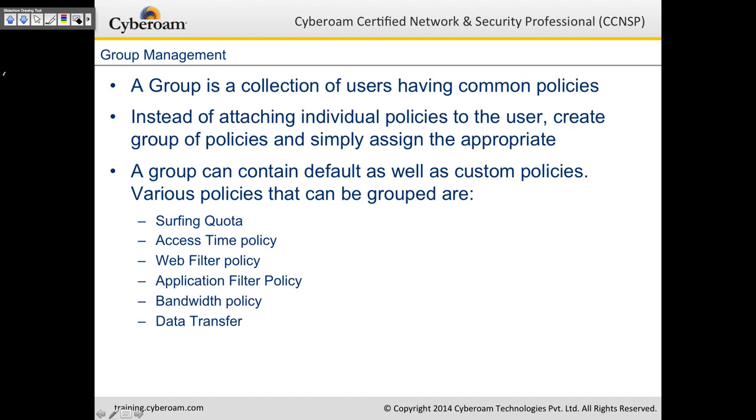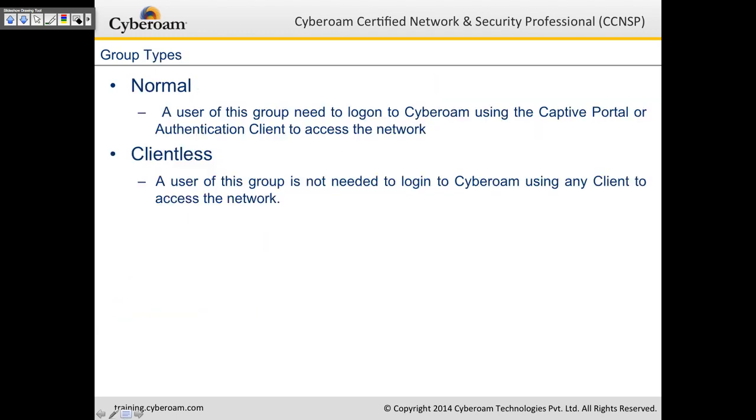Various policies that can be grouped are surfing quota, access time policy, web filtering policy, application filter policy, bandwidth policy, and data transfer policy. So there are two types of group. One is a normal and the other one is a clientless group. So what is a normal group?